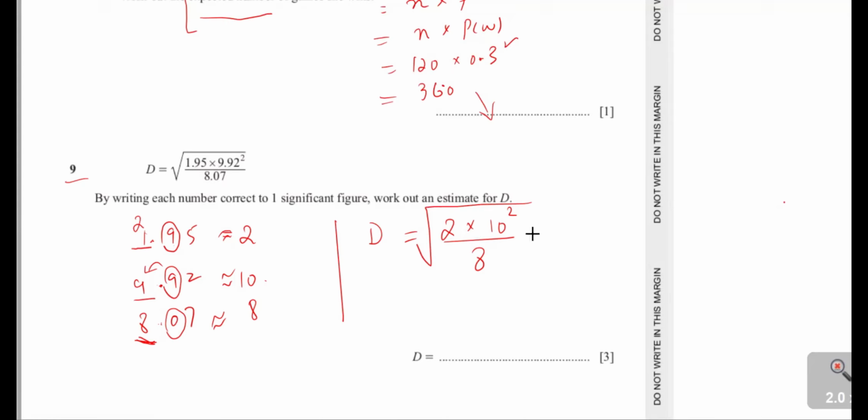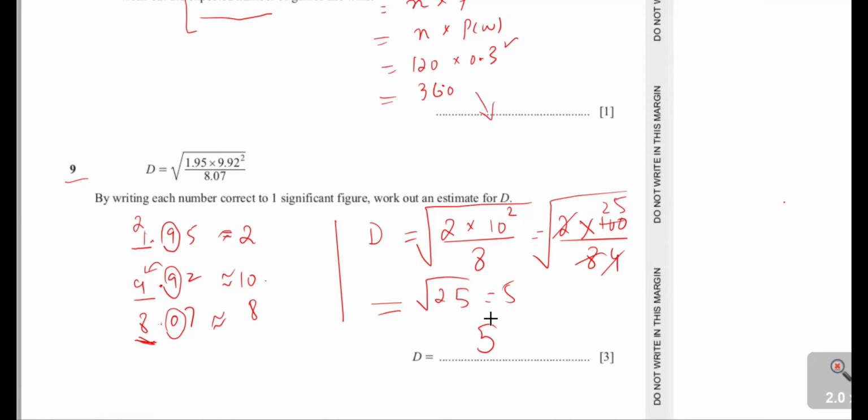And the square root of this whole value, we can write 2 times 10 squared is 100, over 8, and we can write 2 times 4 is 8, and 4 times 25 is 100. Therefore, the square root of 25 will be equal to 5, and this is the answer.